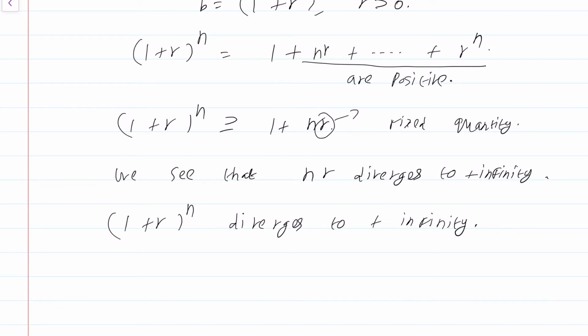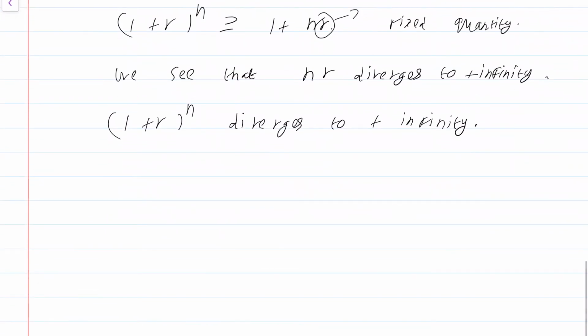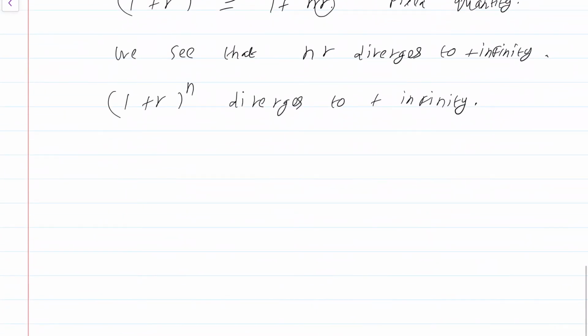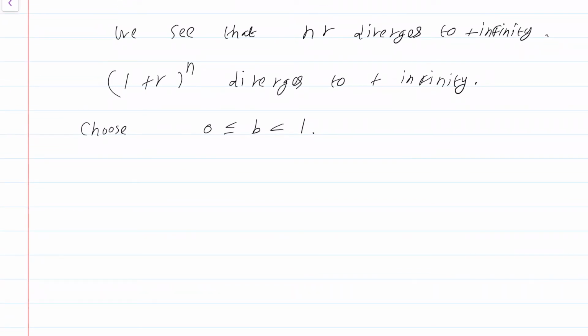Okay. Now, we have dealt with the case when this number b is greater than 1. Now choose b such that 0 is less than or equal to b is less than 1. Now, how do you deal with this case? You might be tempted to write b as 1 minus r and take 1 minus r power n. Well, don't do that.